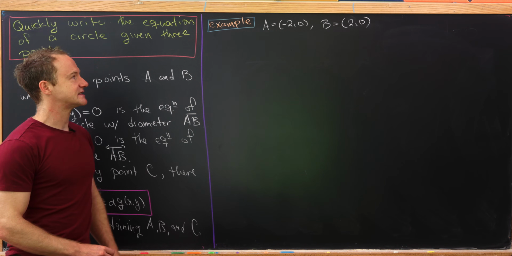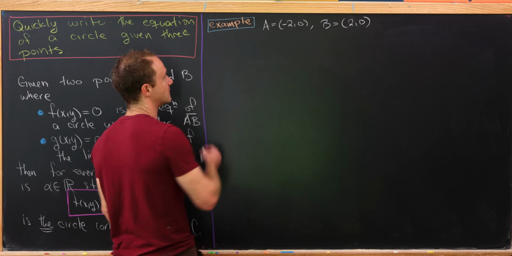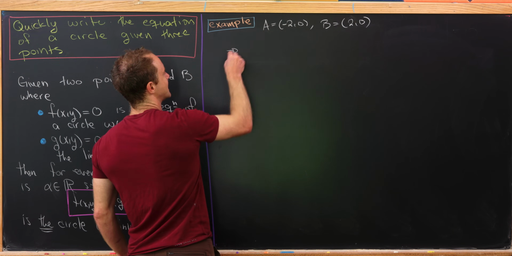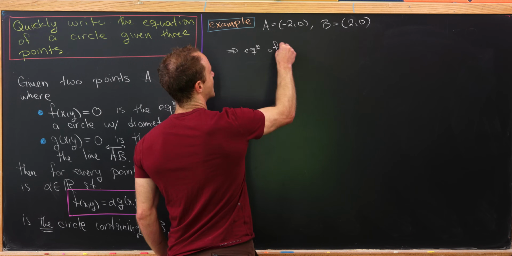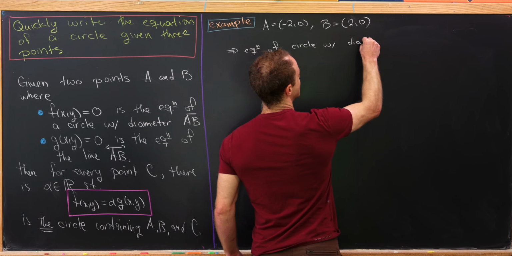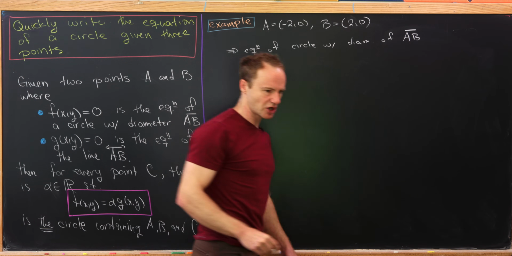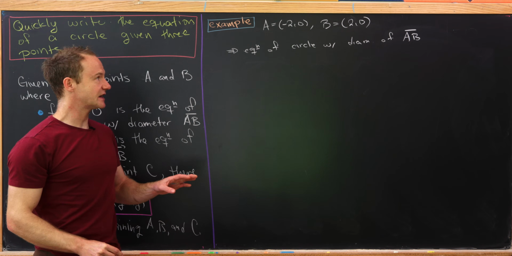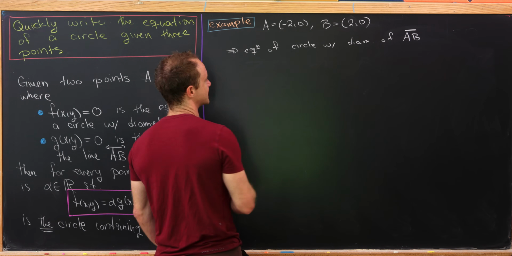So let's say A is equal to (-2, 0), and B is equal to (2, 0). But what does that mean f of x,y is? Well, let's first write down the equation of the circle with diameter line segment AB. I chose these 2 points, (-2, 0) and (2, 0), to make this an easy process.